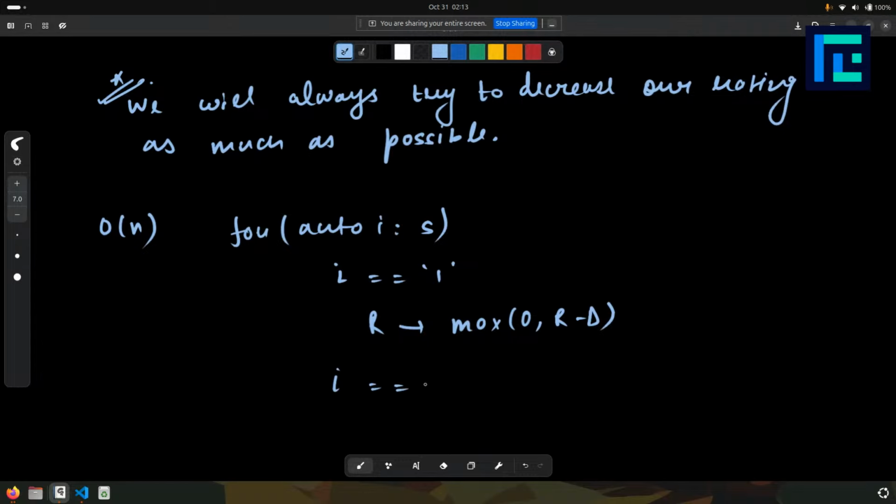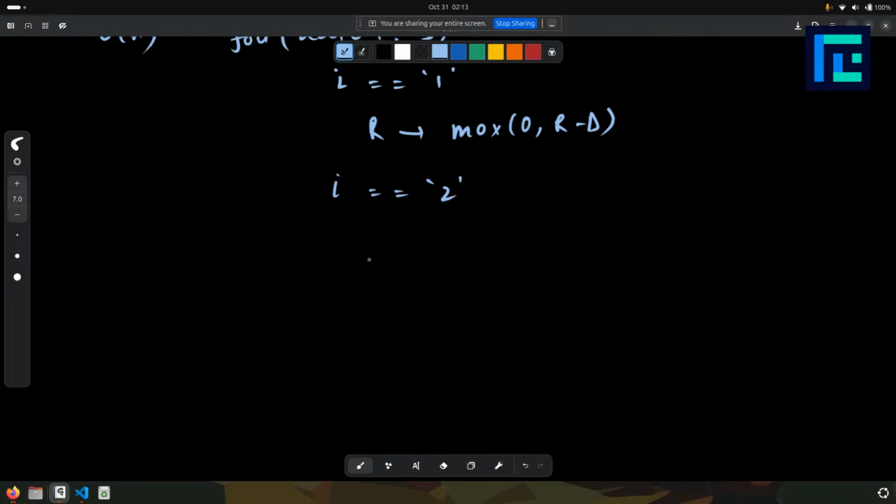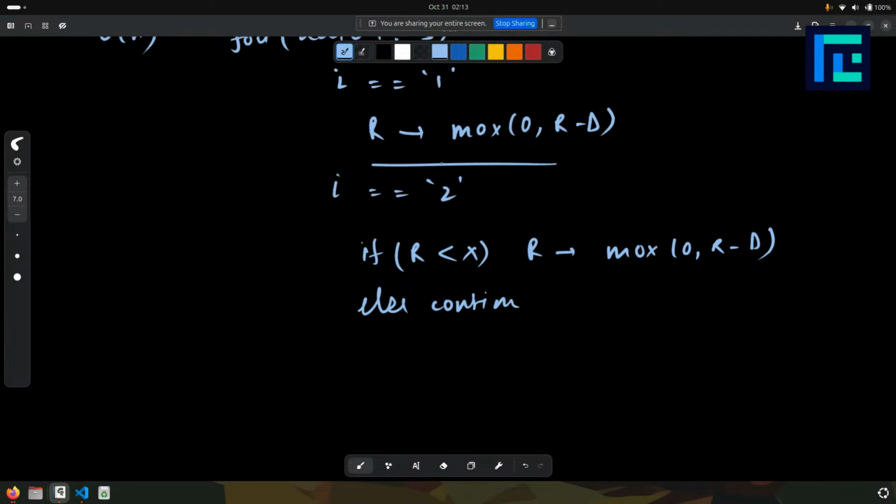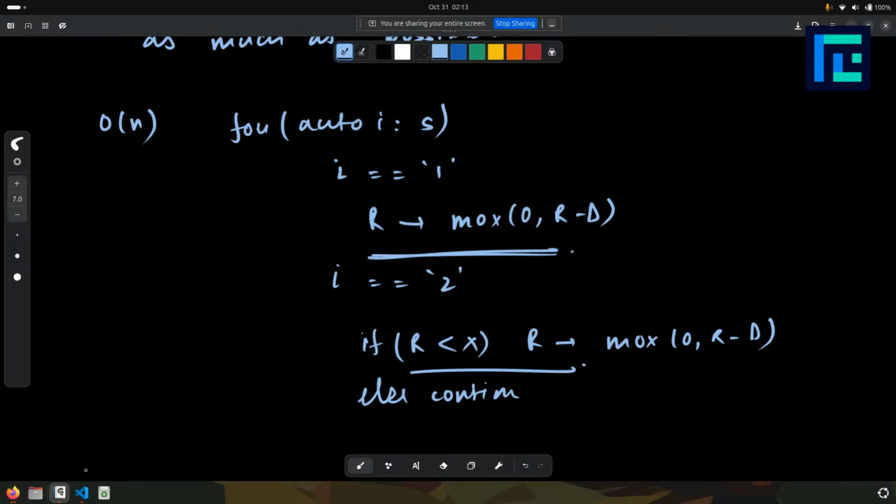And if the contest is div 2, basically if our rating is less than X, we can again do the same operation. Else we need to continue, and we just need to count the number of contests that we are participating in, and that would be the answer. So I'll show you guys the code for this.